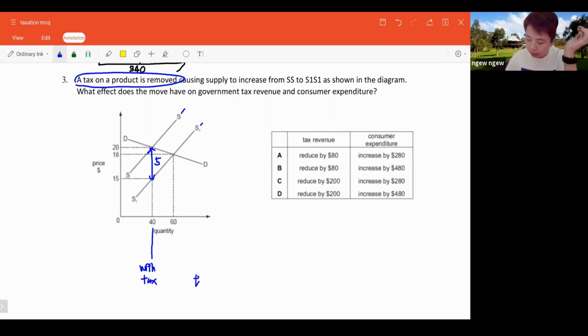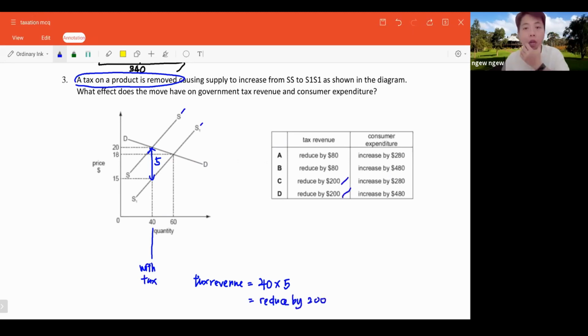So government tax revenue loss will be 40 units multiplied by $5 per unit. So government tax revenue is reduced by 200. The answer is either C or D. Then they ask, what happened to consumer expenditure?